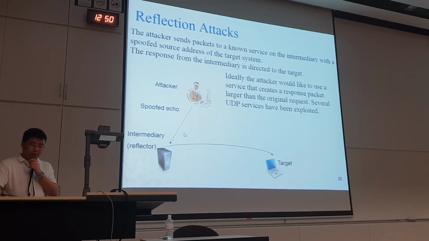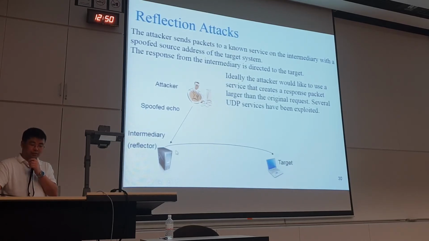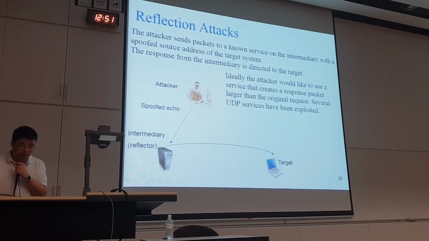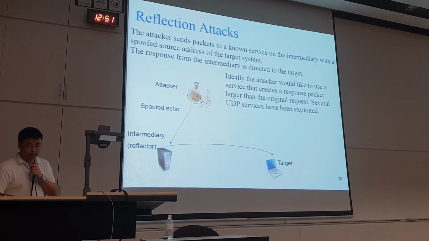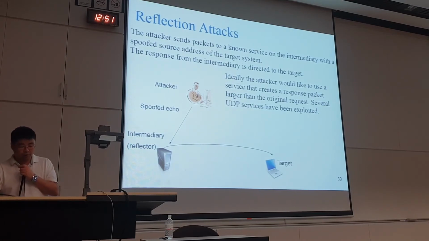But in this reflection attack, the victim is the final target. This server now becomes a reflector, an intermediary machine used by the attacker. The attacker does not even need to infect this machine. It is not a zombie machine. It's a clean machine, but it will be used by the attacker to attack this target.